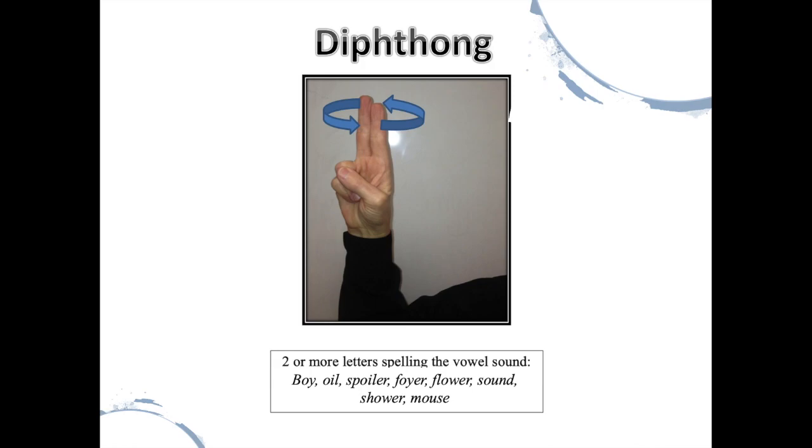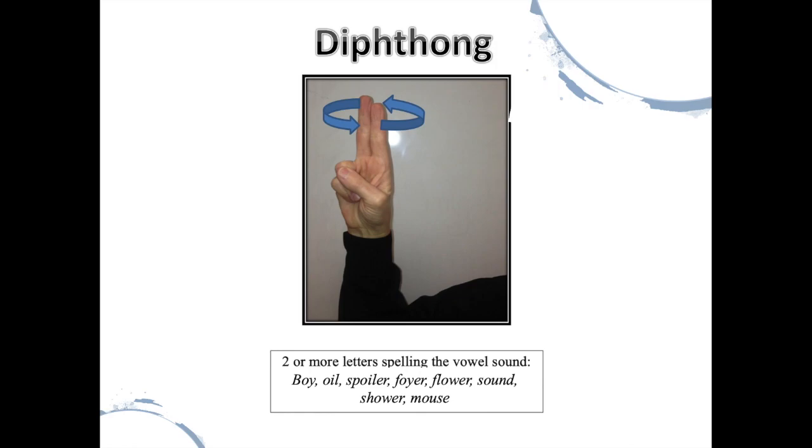So we take our fingers and we make a circular motion. So think about the word boy. We don't say b-a-ya. It is boy, b-oy. So the OY makes a separate vowel sound.